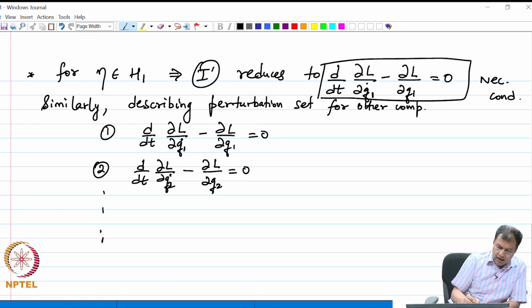The nth Euler-Lagrange equation is satisfied for the nth component.